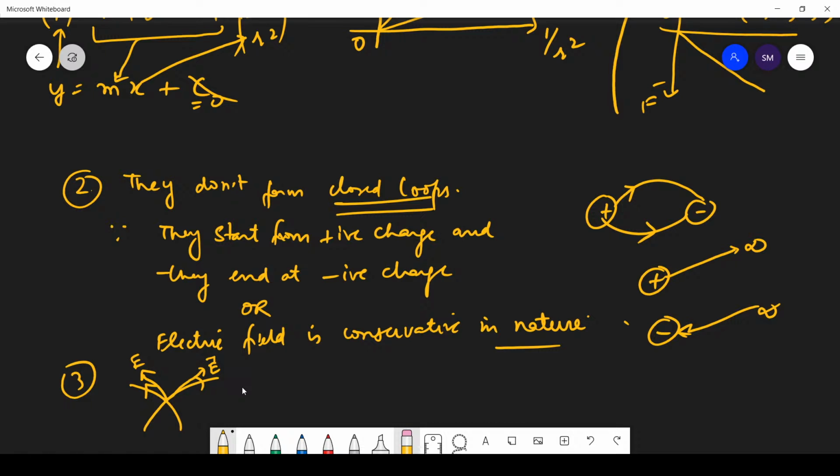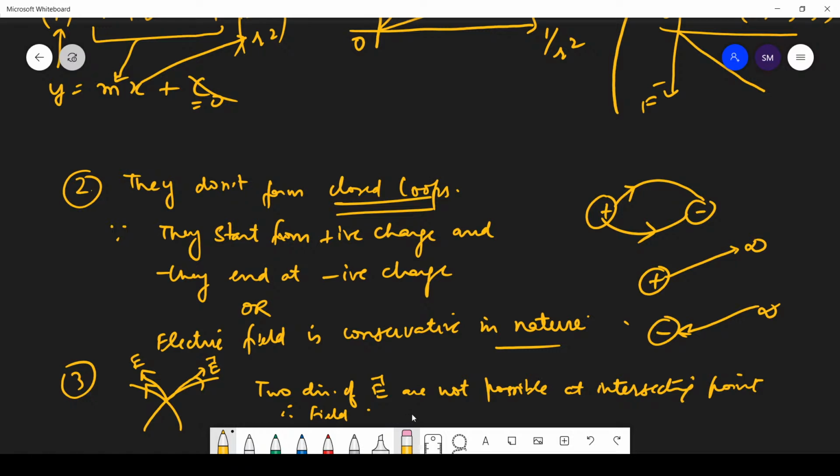So two directions of E are not possible at the intersecting point. Therefore the field lines do not cross each other.